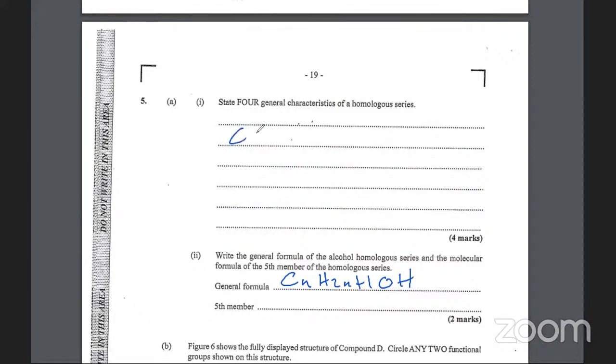So it would be C5H(2×5+1)OH. 2 5s are 10, and 1 is 11. C5H11OH.